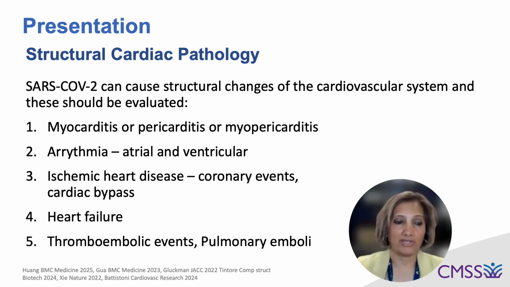Also, long COVID has been associated with a higher incidence of heart failure and thromboembolic events. So the challenge is to be able to treat patients symptomatically, but then also make sure that we are not missing any of these structural and potentially severe consequences of long COVID.